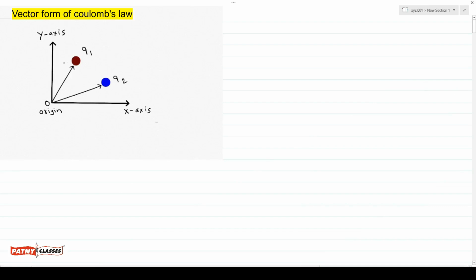Let us assume the charge q1 is placed at the point A and charge q2 is placed at the point B. Therefore, vector OA equals vector OQ1, which we assume equals vector R1.